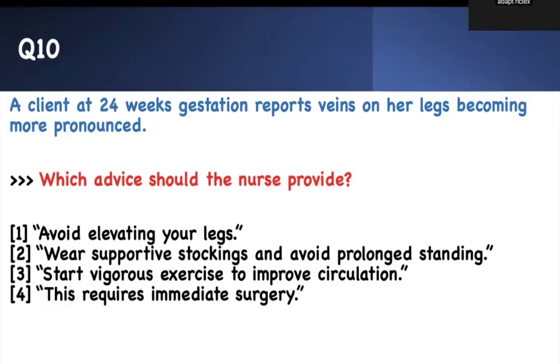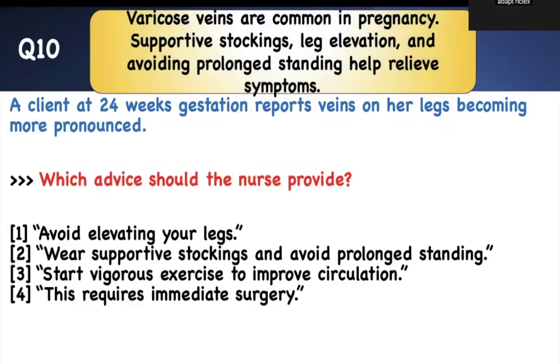Vigorous exercise is not going to affect the venous system; you're supposed to elevate it. This requires immediate surgery? It's an expected finding, but we can do something about it. You don't need surgery. Varicose veins are common in pregnancy. Supporting stockings, leg elevation, and avoiding prolonged standing help relieve symptoms. Therefore, number 2 is your right answer.